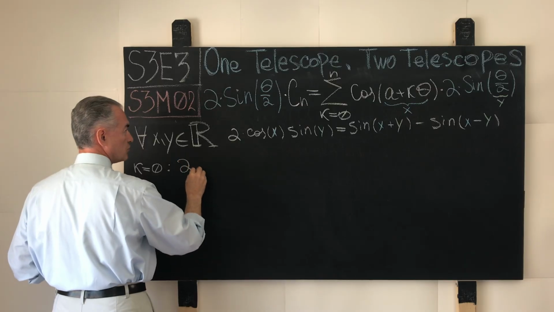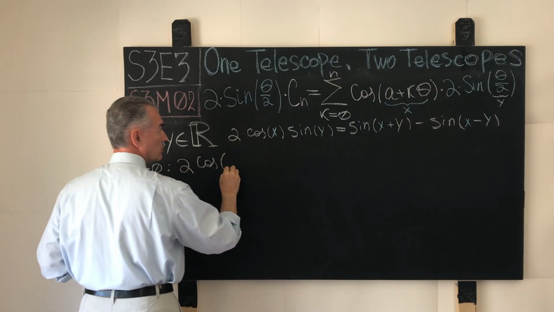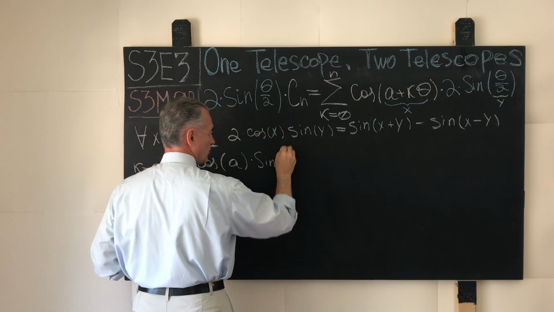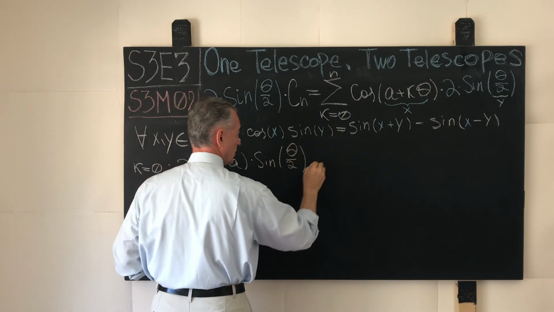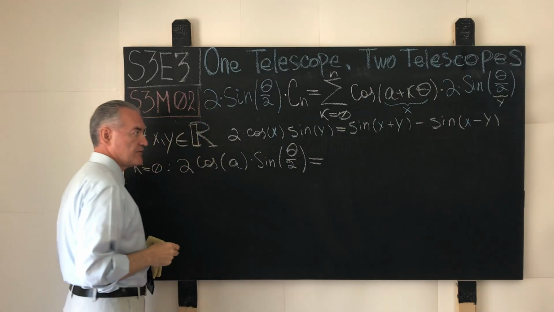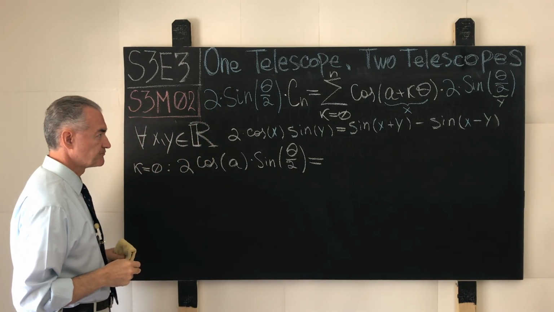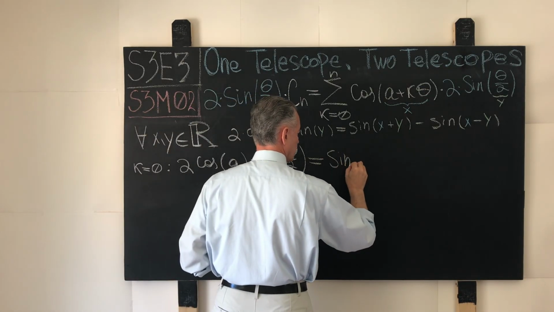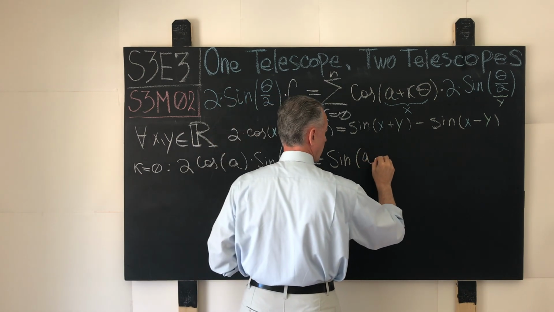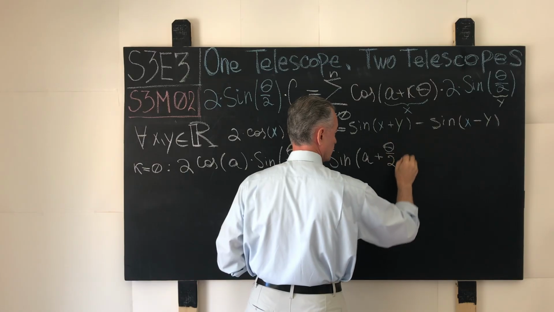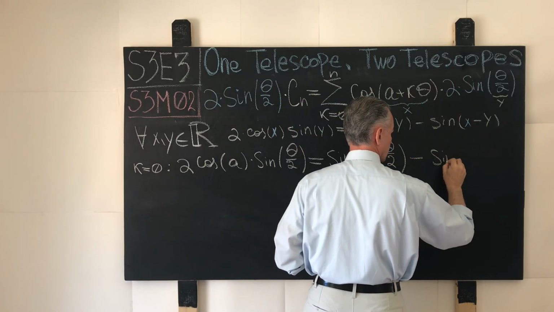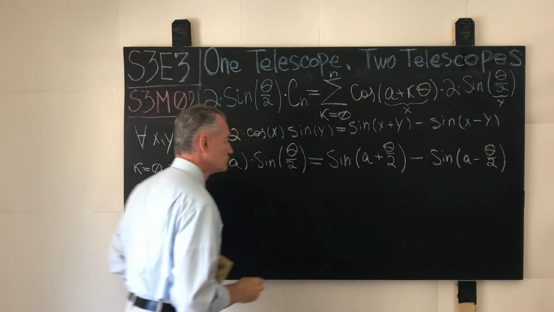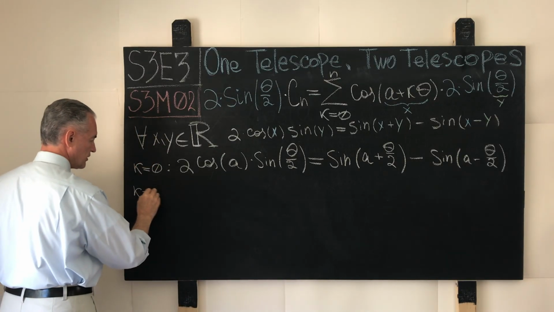We will have twice the cosine of a times the sine of theta over 2 is equal to, according to our formula that I will keep here for convenience purposes, the sine of a plus theta over 2 minus sine of a minus theta over 2. This is straightforward middle school arithmetic, nothing to it.